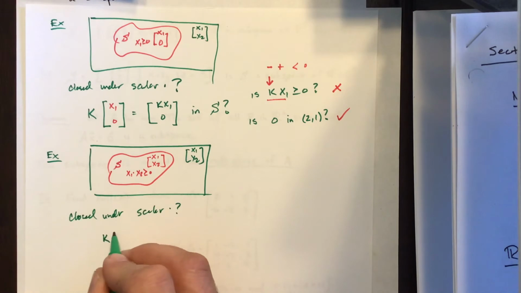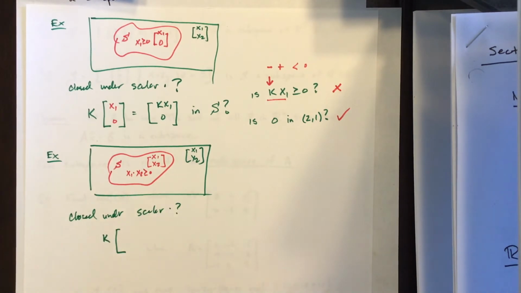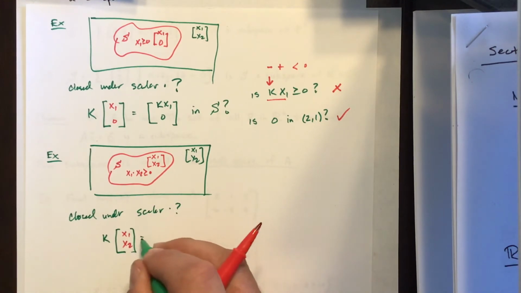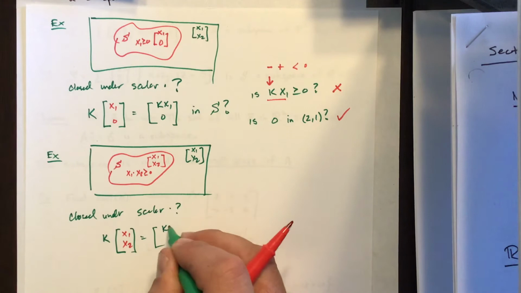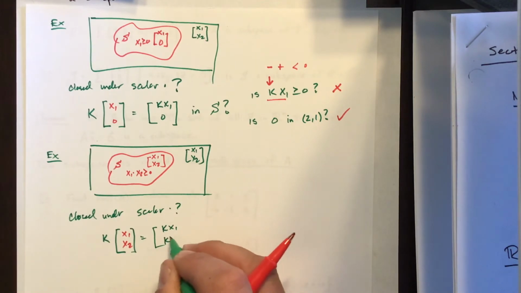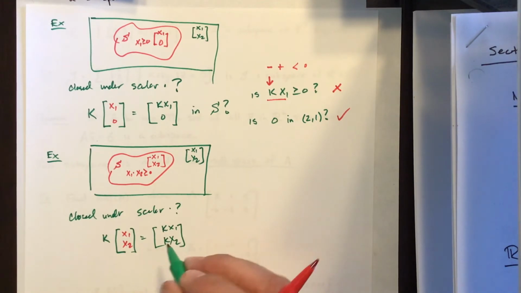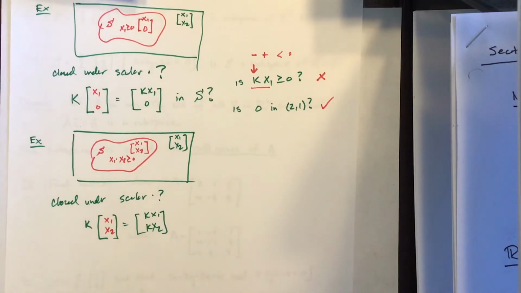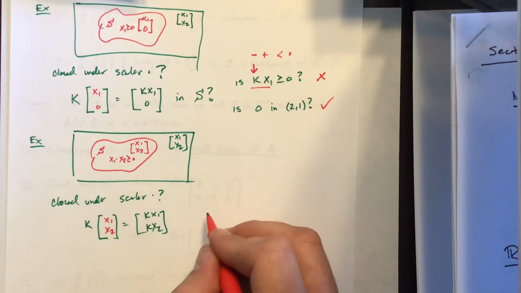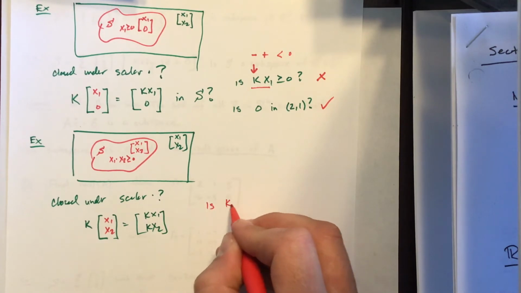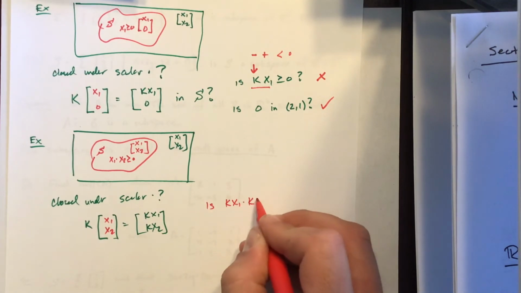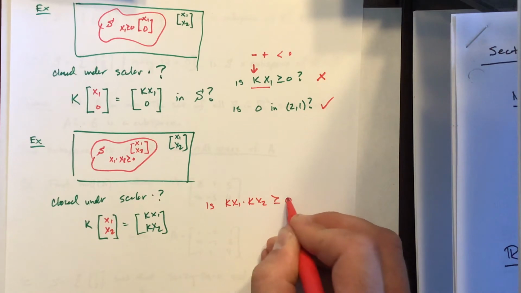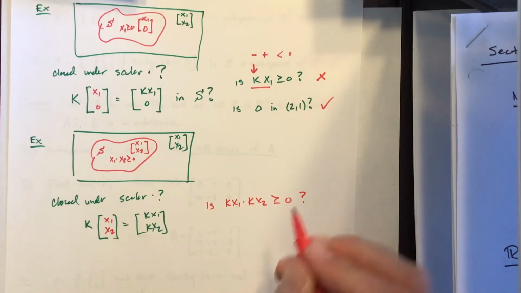Because if I take k and multiply it by x1, x2, I get kx1 times kx2. And the only thing that I have to verify is kx1 times kx2 greater than or equal to 0, question mark.